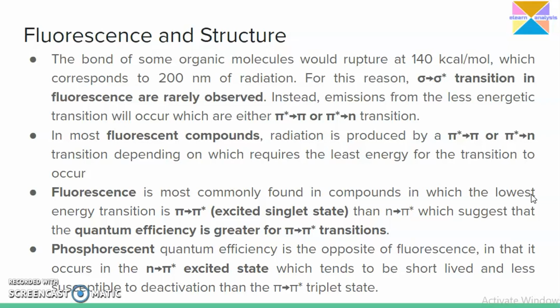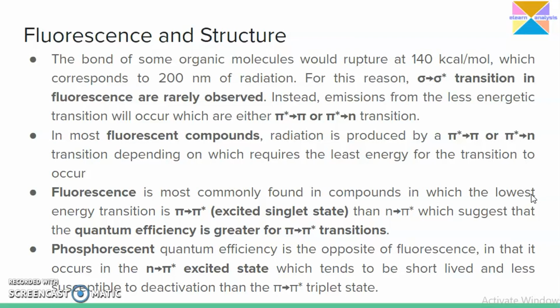So what this whole paragraph means is that fluorescence is most commonly found in compounds in which the lowest transition is pi to pi star, excited singlet state, rather than n to pi star, which involves the triplet state, whereas pi to pi star involves the excited singlet state. So the quantum efficiency is much higher for pi to pi star transitions.